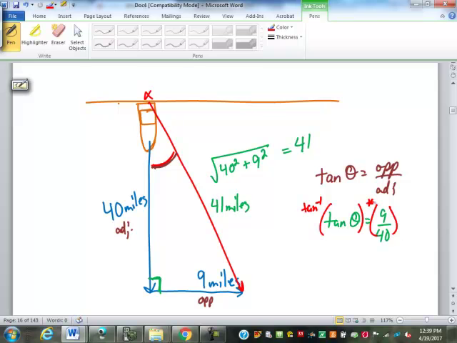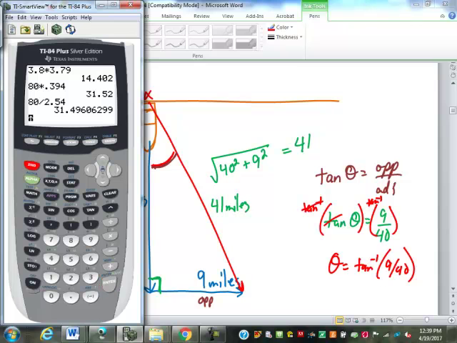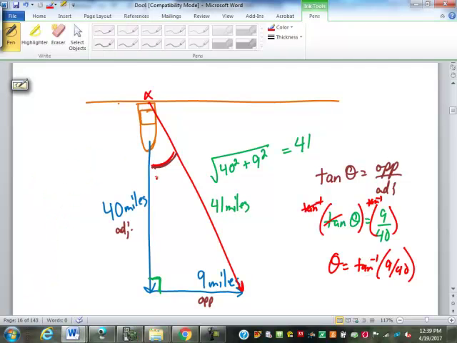It'll be tangent to the negative 1, so second tangent, 9 divided by 40. 12.68 degrees. Not so bad. So there we're using compass directions. South and east have to be at right angles to each other.